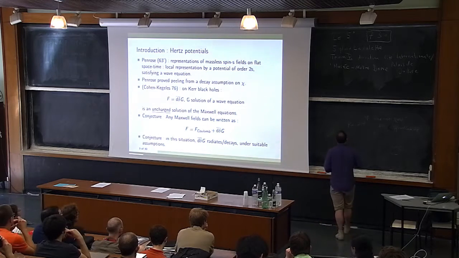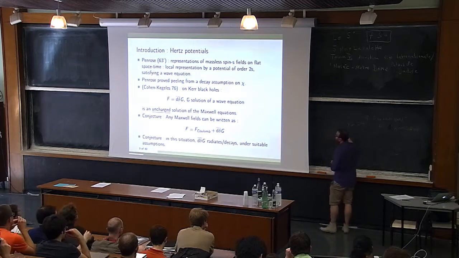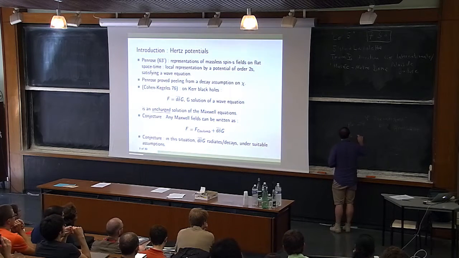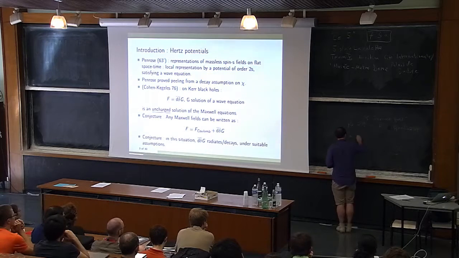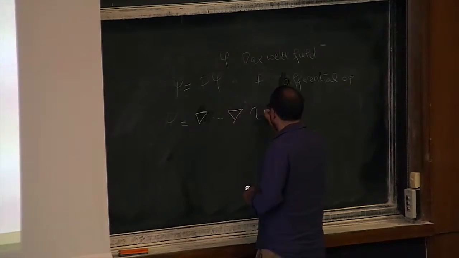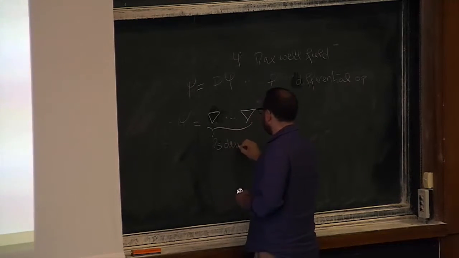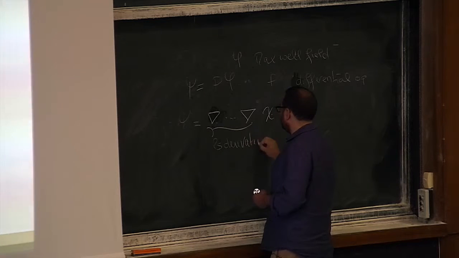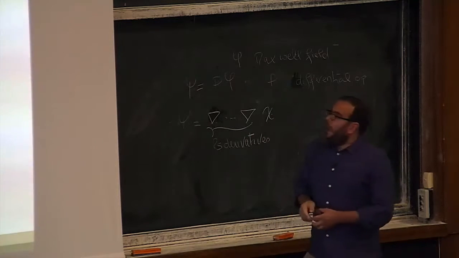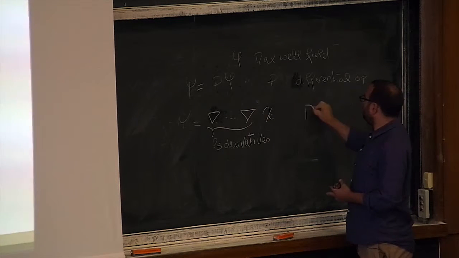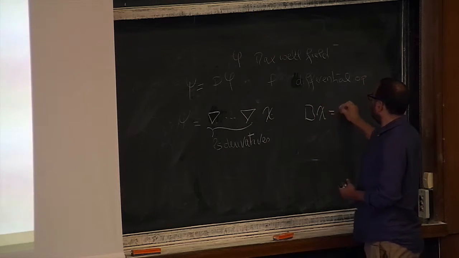More specifically, Penrose was studying higher spin fields, spin s fields, and for these spin s fields, he constructed some kind of potential of order 2s, meaning that here you have 2s derivatives. And this potential is satisfying a wave equation of some kind.